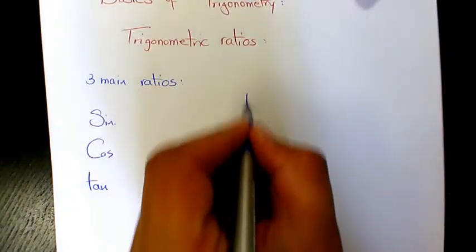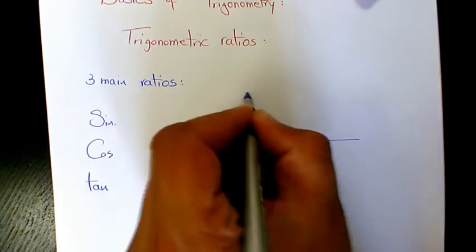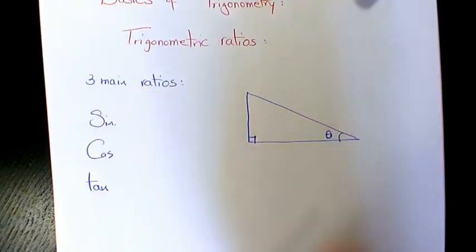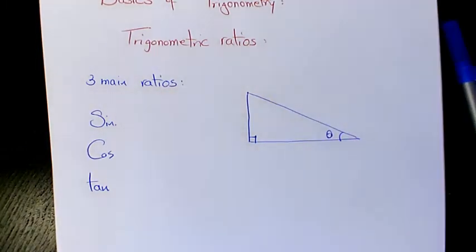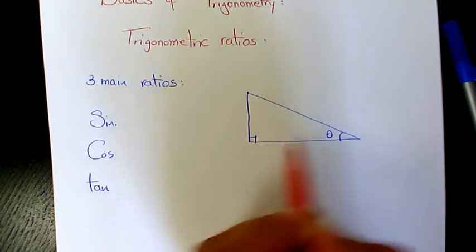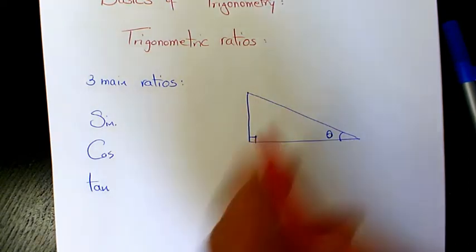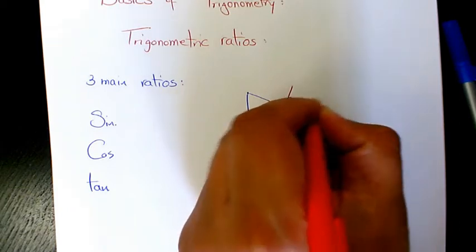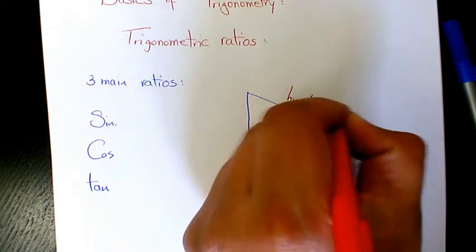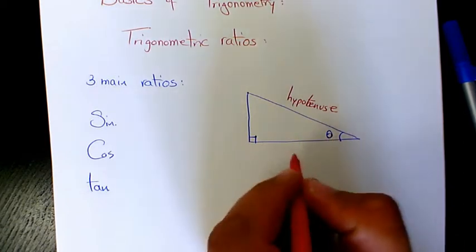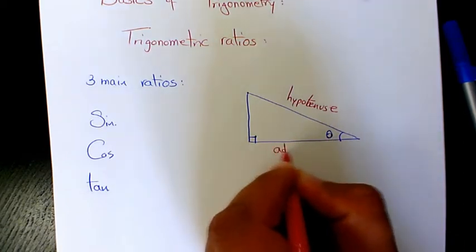How do we define that? If we have a right triangle, and here we have a theta angle. When we are talking about a right triangle, the side opposite to 90 degrees we call the hypotenuse. The side beside theta we call adjacent.